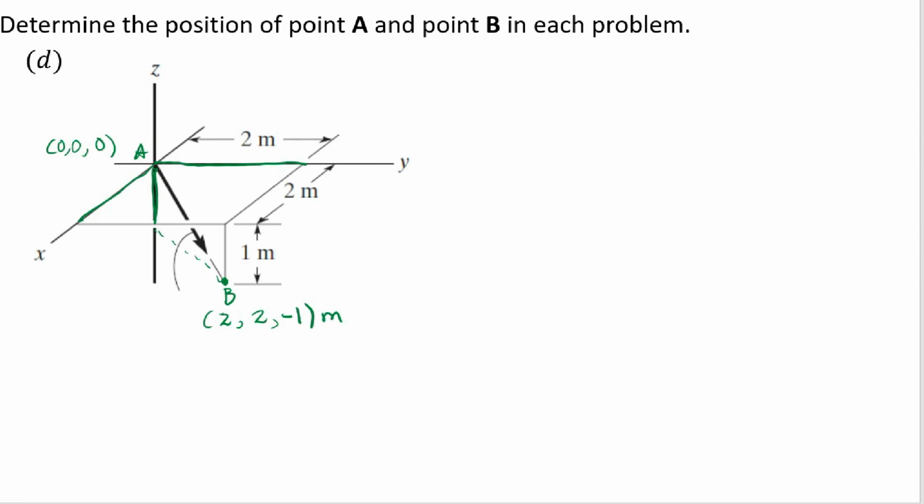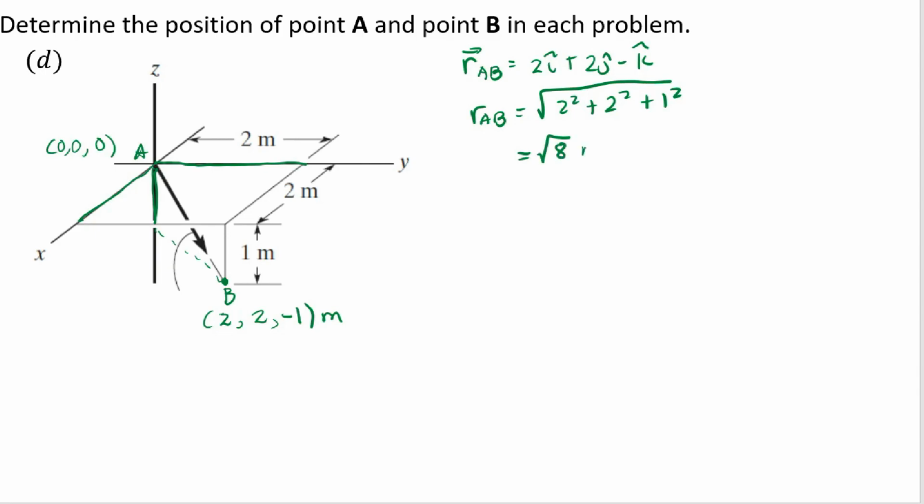So we will have again your RAB. This will be easy since it starts from the origin. So that is 2 i hat plus 2 j hat minus k hat. For the magnitude of that, 2 squared plus 2 squared plus 1 squared, so that is square root of 9 meters.